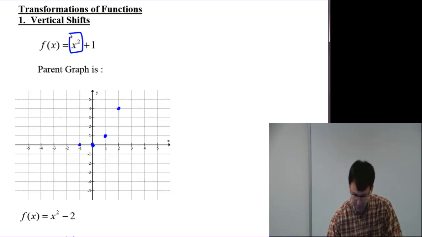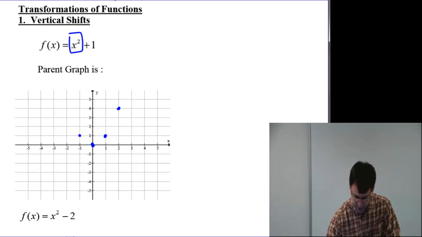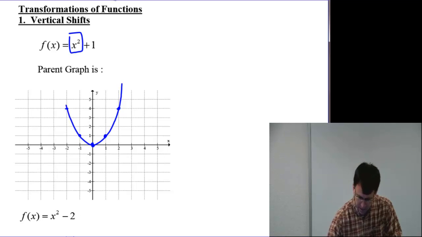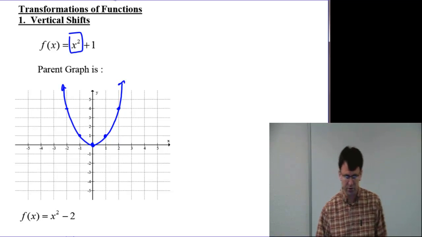And it doesn't just go right, it goes back 1 and then up 1, so it's going to be here, and then it goes back 2 and up 4. So I know that my parent graph looks something very similar to that, and there should be arrows on the ends of both of those.